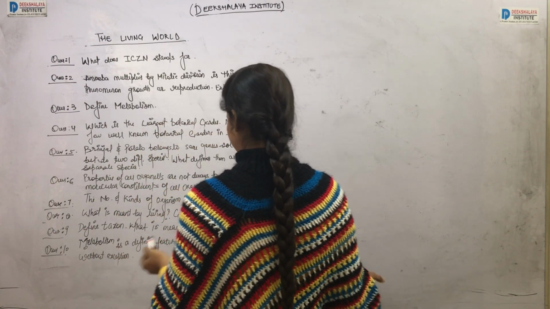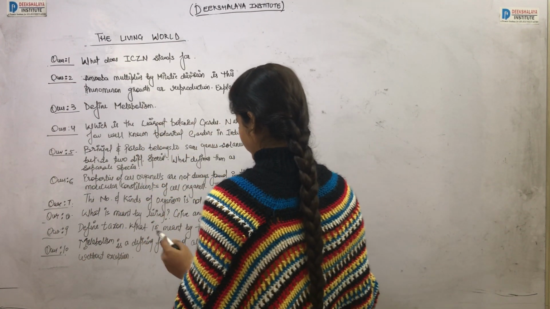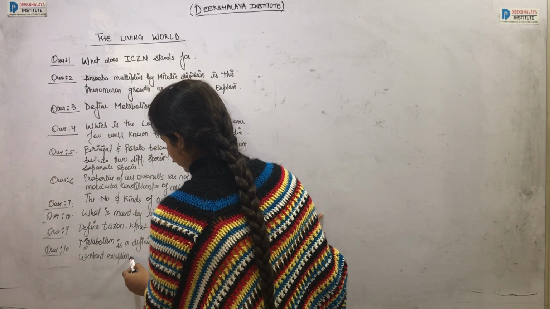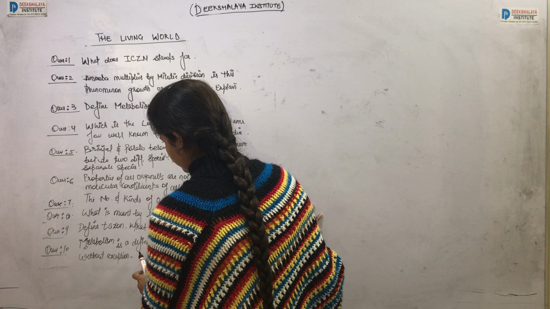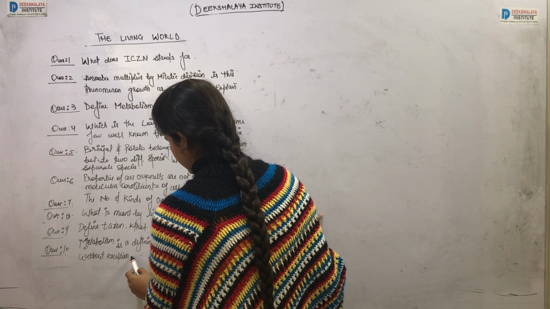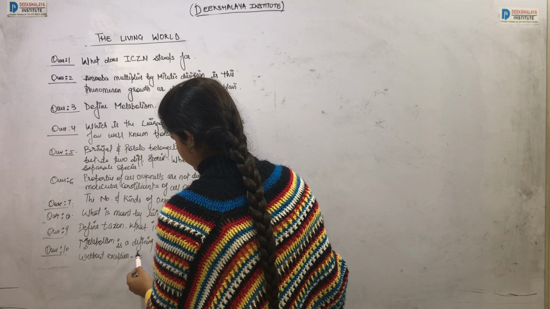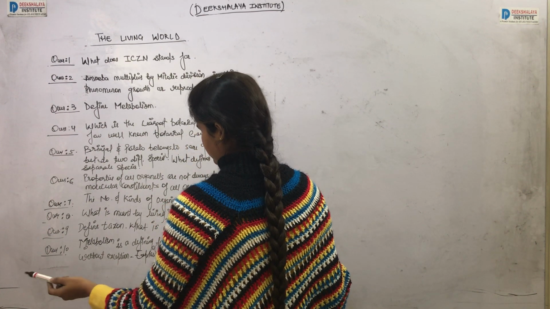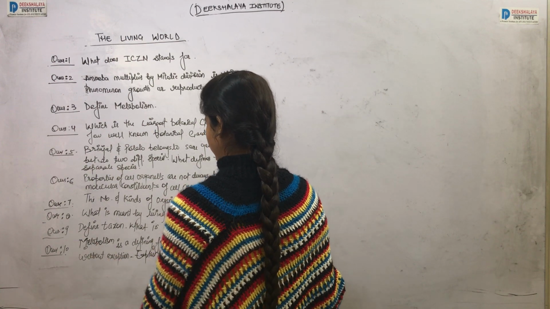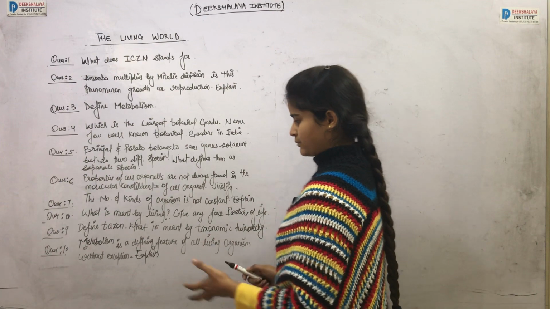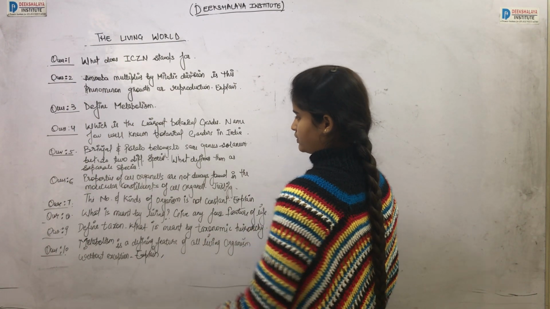Isolated metabolic reactions in vitro are non-living. Explain. Basically we know that metabolism is a defining feature of all living organisms without any exception. How? This you have to explain.